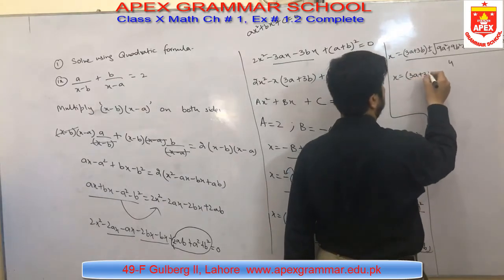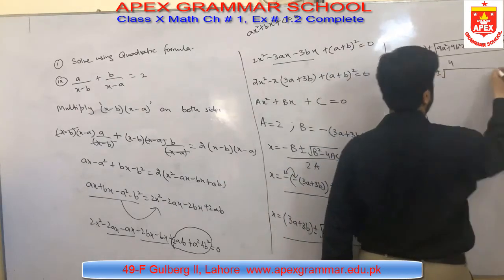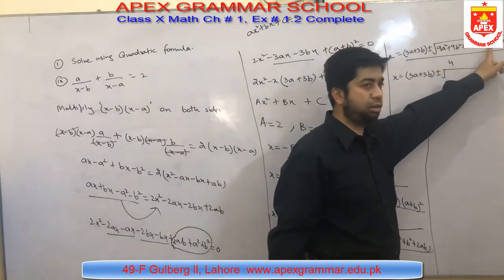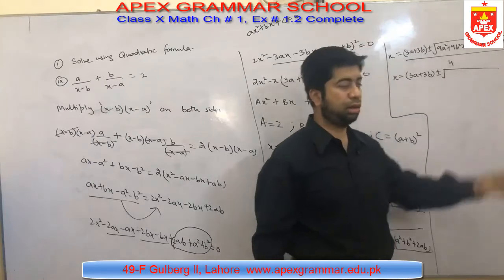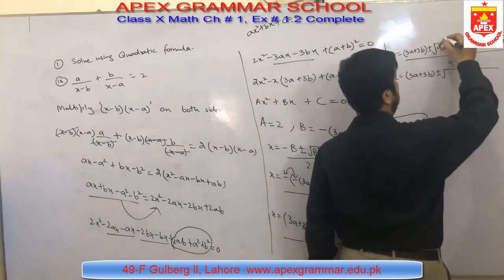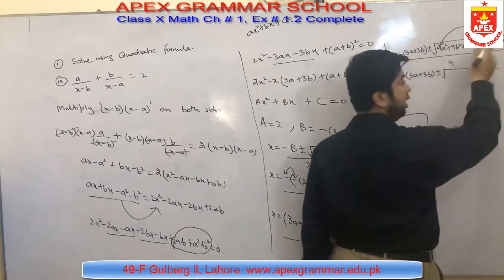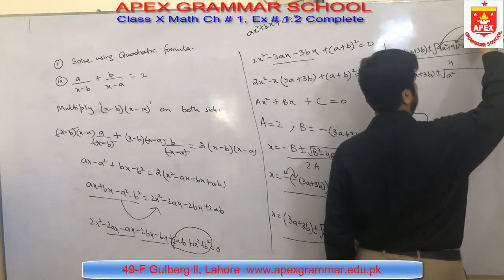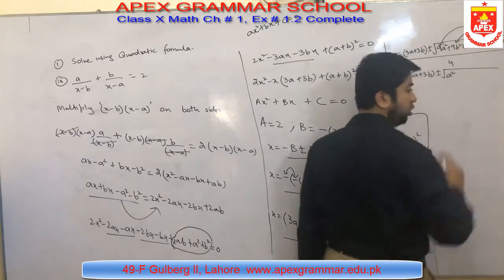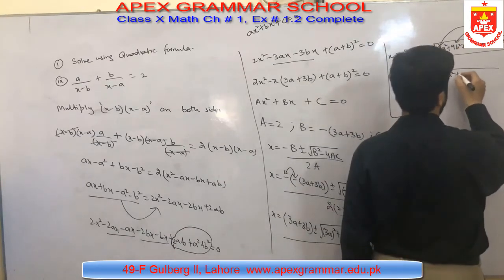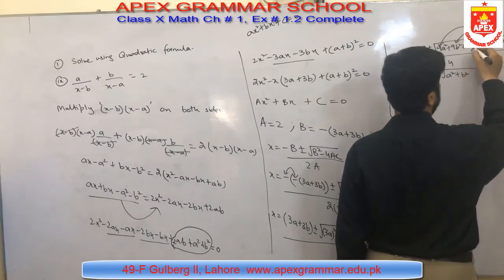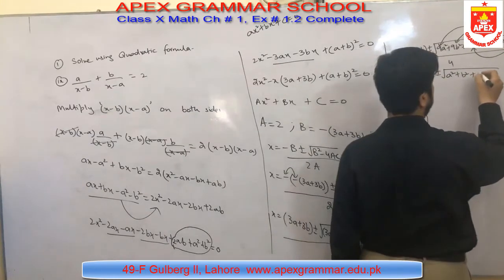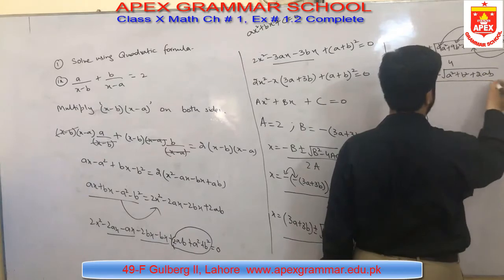3a plus 3b plus minus, this is 9a square, this is minus 8a square, 9a square minus 8a square, meaning 9 minus 8, this is 1, like a square. 9b square and minus 8b square, you can subtract it, this is plus b square. 18ab and minus 16ab, 18 minus 16, that is plus 2, so 2ab, and in the denominator 4.